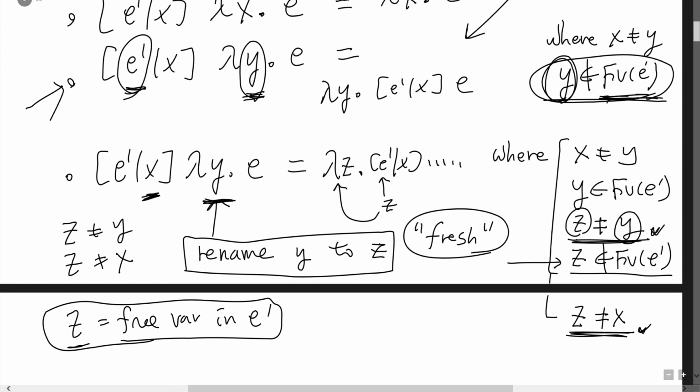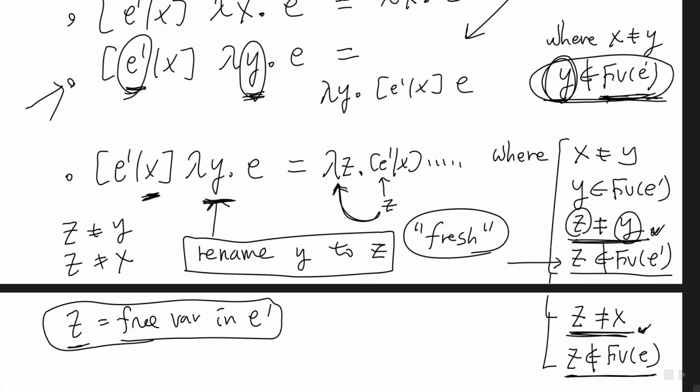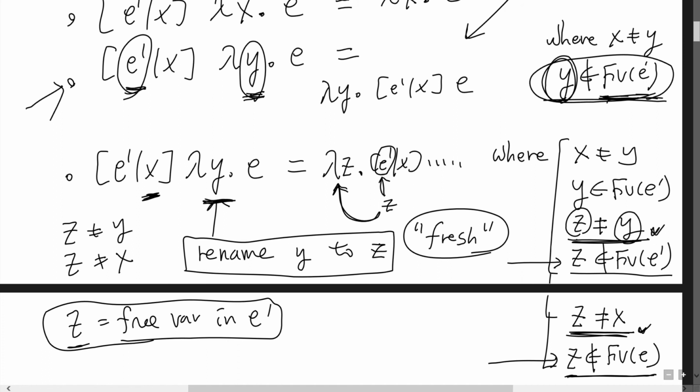So in order to make sure that this capture does not occur, you have to make sure that z is really fresh by satisfying this requirement. Z should not be found as a free variable inside expression E. If you fail to meet this requirement, there's a slight chance that this expression E prime produces variable z, which suddenly becomes bound when it is supposed to remain free.